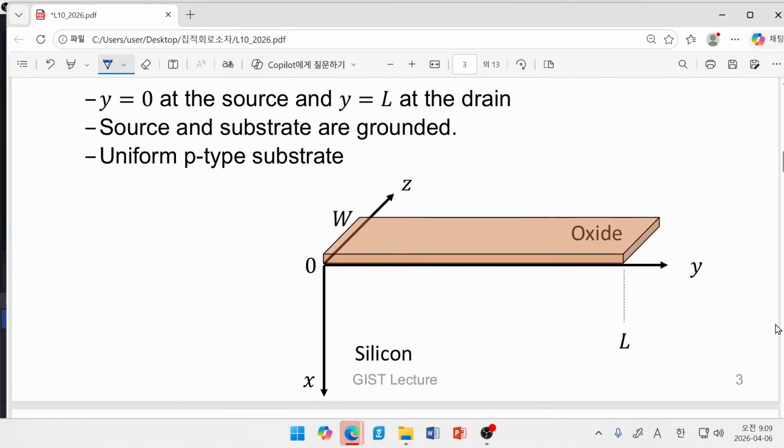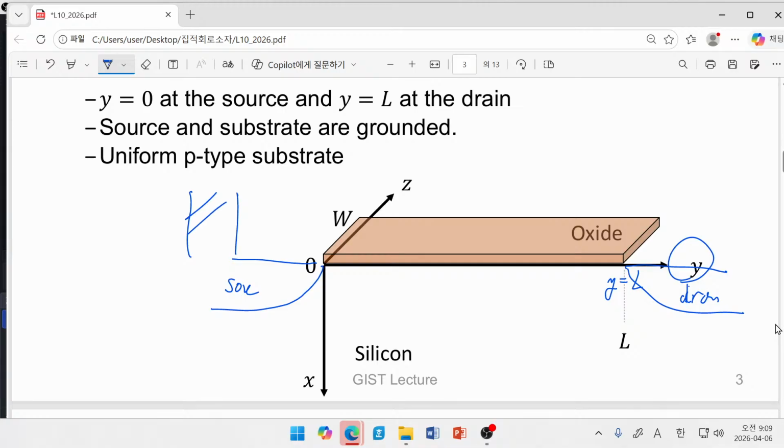So now we have this kind of structure. Here we have the y-axis as the channel direction. It starts at y equal to 0 and ends at y equal to L. Here we have the source region, and here we have the drain region, and here we have also a certain p region.